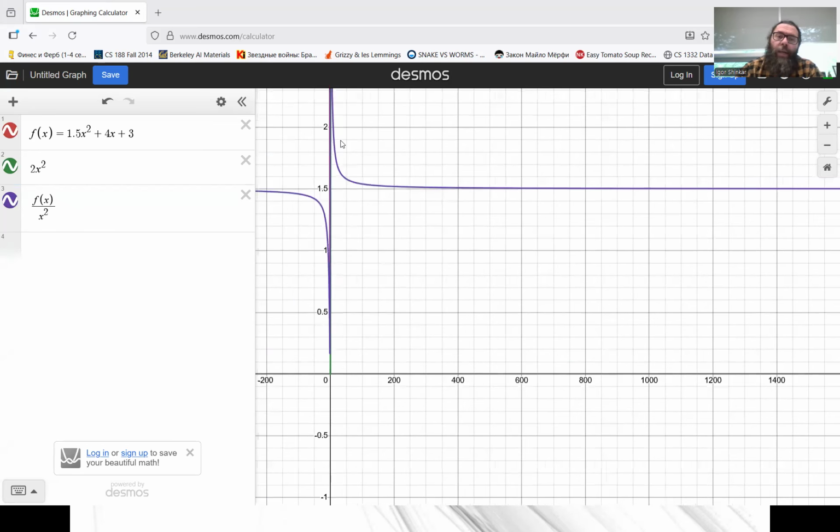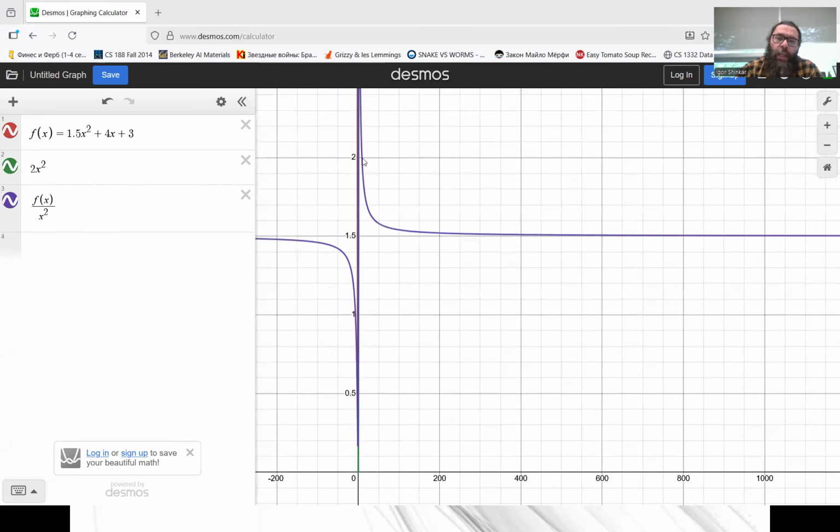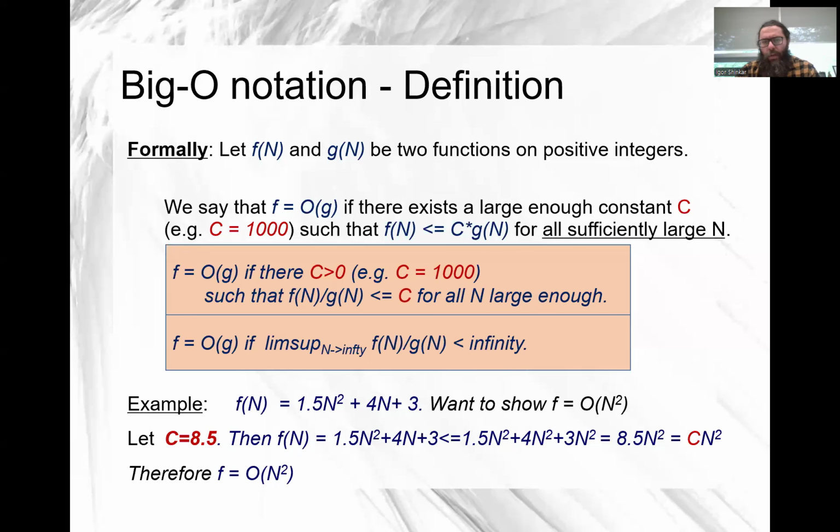So it's upper bounded by 2, except for really tiny values of x, for all x greater than 10 or something. Okay? So again, one way to see it is to see that f, our actual function, is less than 2 times x squared. Another way to see it is you take f, you divide by x squared, and you see that it's less than 2 for all sufficiently large values of n. Okay, I hope this part is kind of clear.